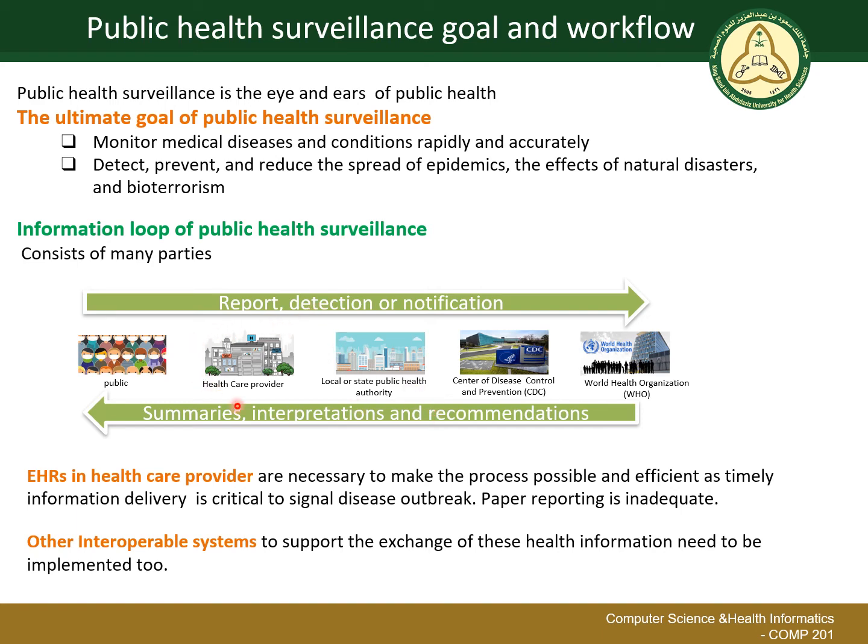This is how it arrives to us through the Ministry of Health, who detected it, and the recommendation from the WHO returns back to the Saudi Ministry of Health, and the Saudi Ministry of Health disseminates the information to the hospitals and the clinics, and also to the public through the media.